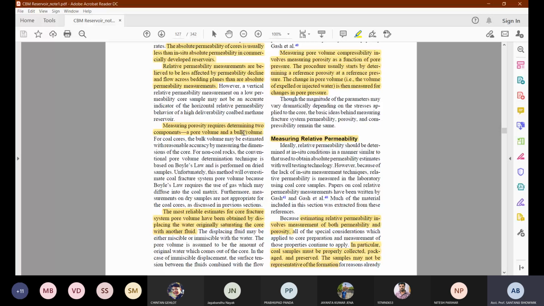If you measure the porosity by helium, whenever you take out the water, the gases which come out are mainly methane, and there may be some carbon dioxide or nitrogen.